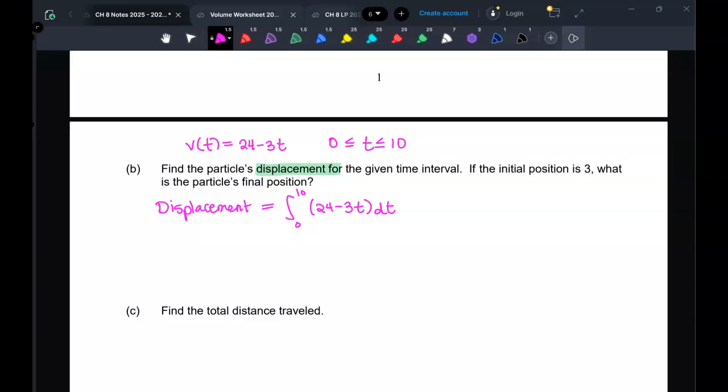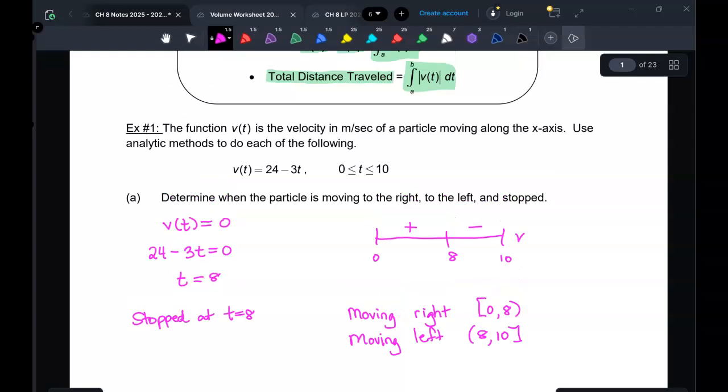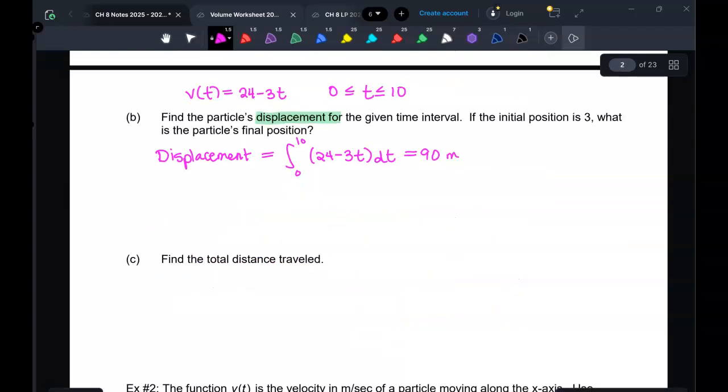So we're going to plug that into the calculator. What do we get? Sorry, I don't have the answers in front of me. Anybody have a calculator? 90. Okay, so the displacement, and this was in meters per second. So the displacement is 90 meters to the right of where we started. That's what that means. And if I want to use initial position, okay, so x of 0 equals 3.